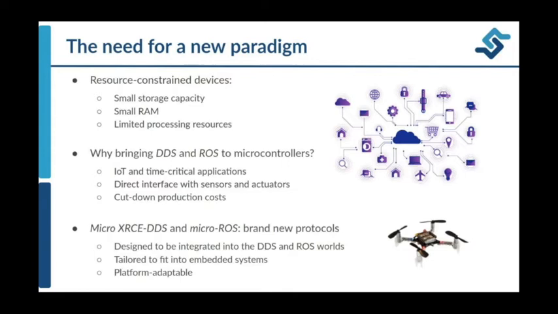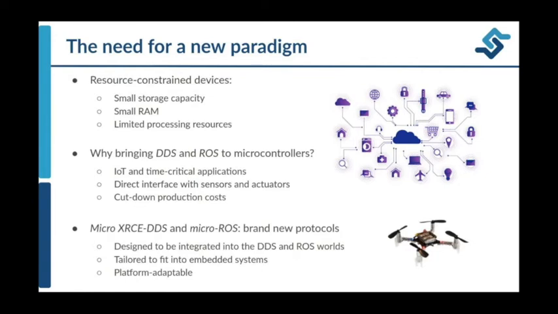And because of this, it has constrained resources, namely the memory, both in terms of storage capacity and of RAM, and also a microcontroller will have a limited power and speed in processing, so an overall limited processing performance.